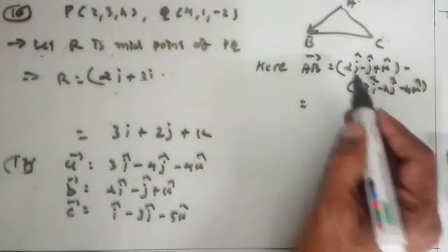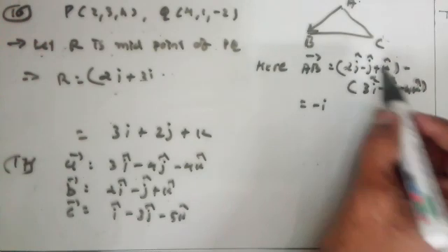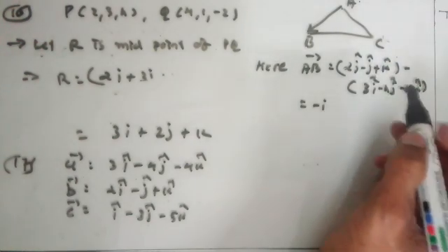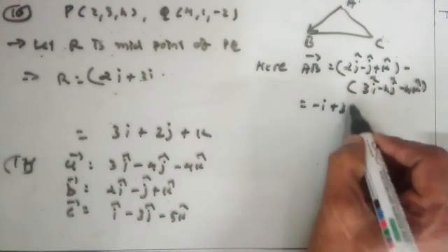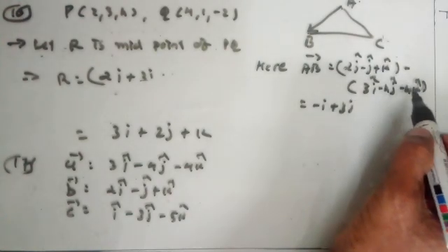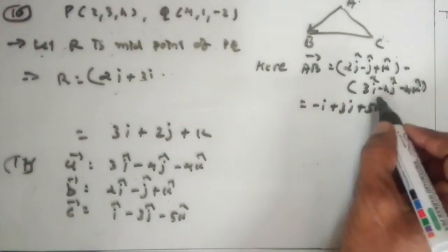This is equal to 2i minus 3i becomes minus i, minus j plus 4j becomes plus 3j, k plus 4k becomes plus 5k.